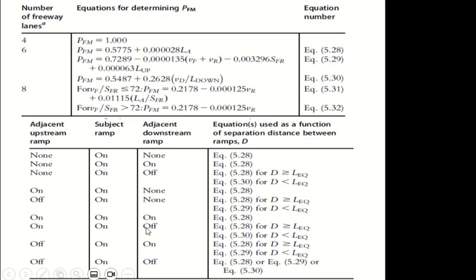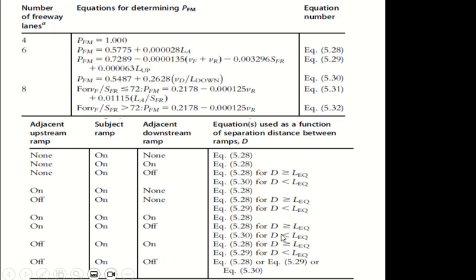So I'm looking at this one now. Okay, so this is my case. In this case, I have these two options, 5.28, 5.30, depending upon the distance and the equivalent length. Okay, the distance between the ramps and the equivalent length.